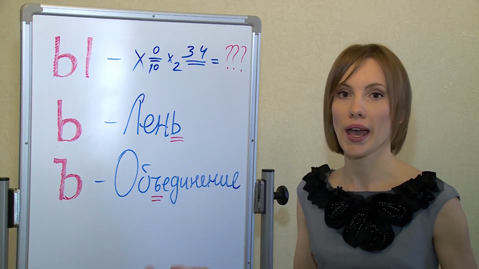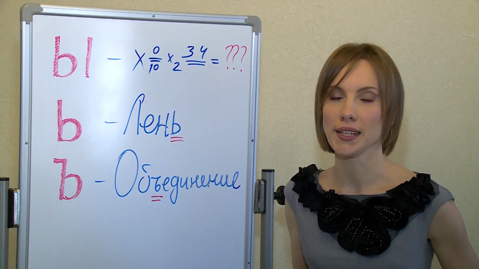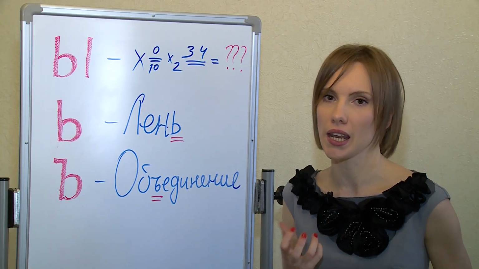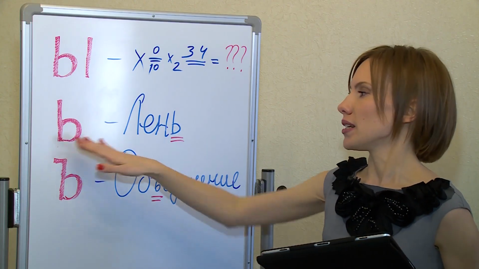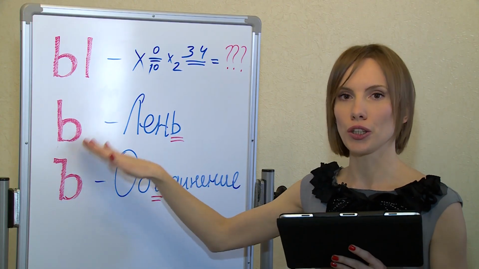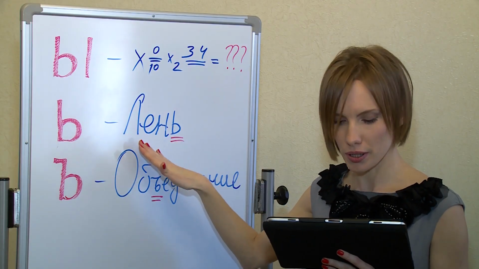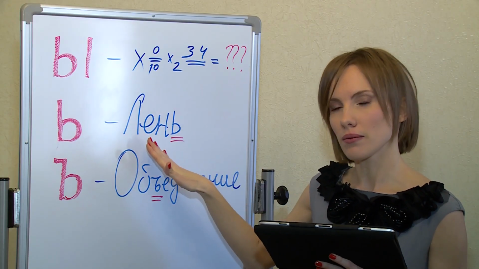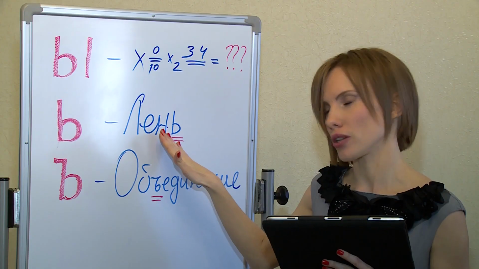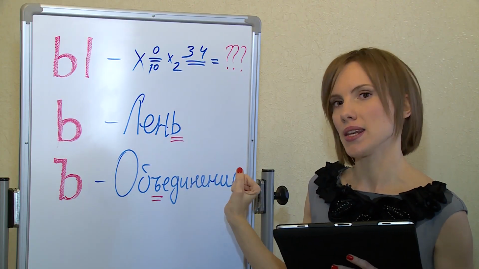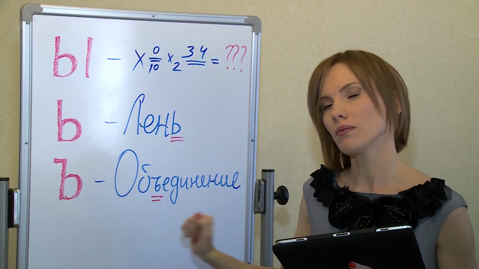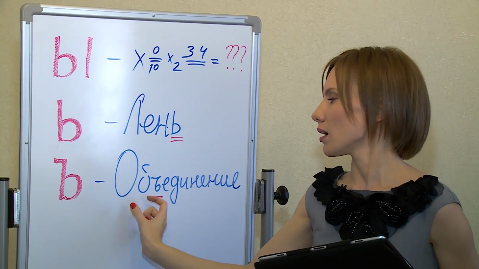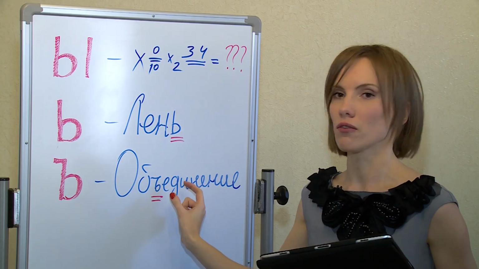Once again, when you see the soft sign, you must pronounce the consonant in its softer version. Лень. The hard sign separates consonant and vowel sounds.